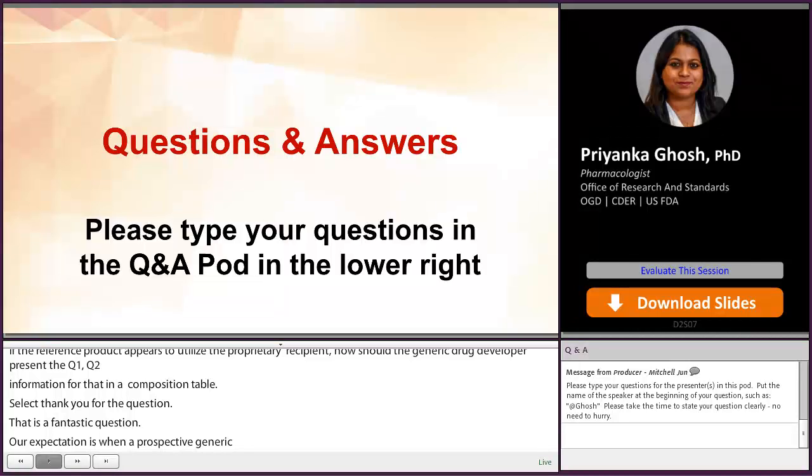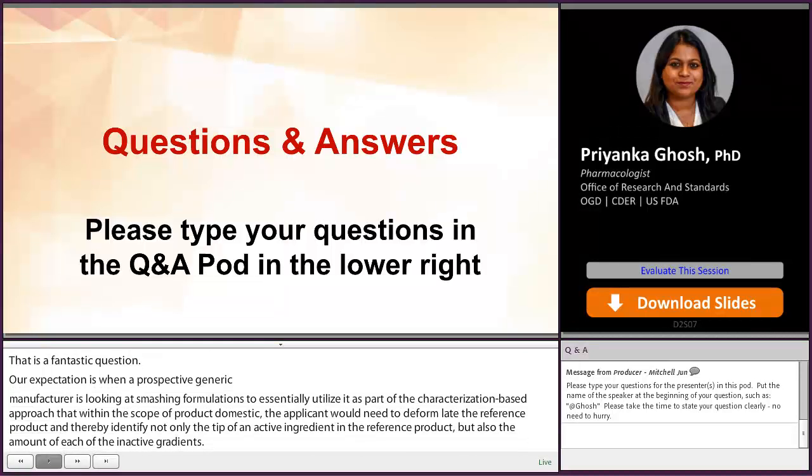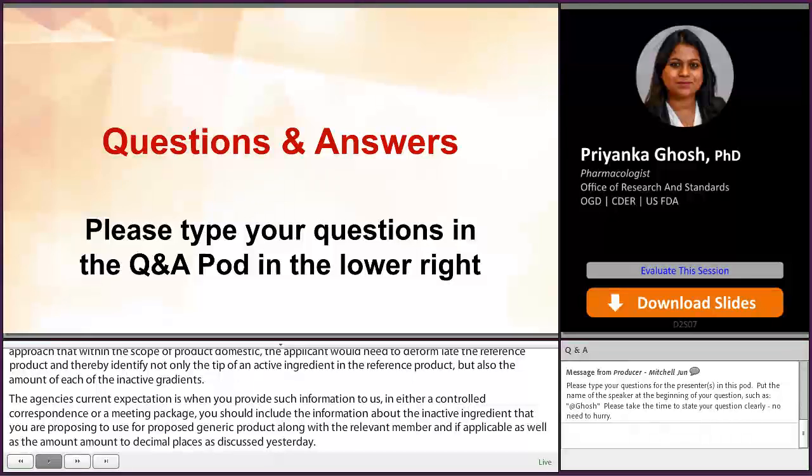The agency's current expectation is that when you provide such information to us in either a control correspondence or a pre-NDA meeting package, you should include the information about the inactive ingredient that you are proposing to use for the proposed generic product, along with the relevant compendial monograph, if applicable, as well as the amount to 2 decimal places, as discussed yesterday. You can also include the brand name of the excipient if you choose to use a brand name excipient, to support the evaluation of the proposed test formulation. Thank you.